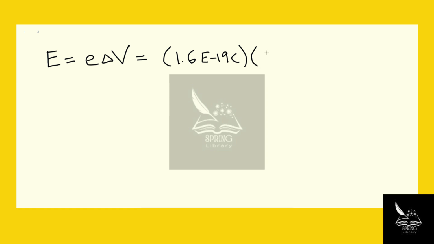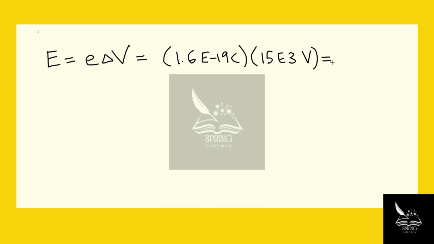Okay, so using our first equation, we can figure out how much energy these electrons can maximally obtain through this potential difference, which is simply the charge times delta V. So the calculation is relatively straightforward. We can just use the electron charge, 1.6e-19 coulombs, multiplied by our 15e3 volts.